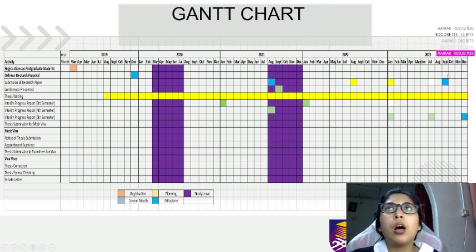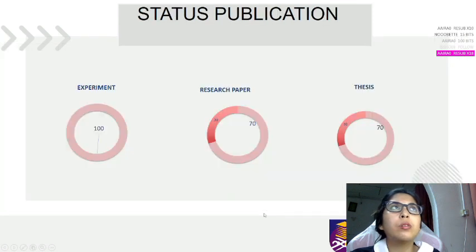So for the Gantt chart, this is the progress report. The thesis writing is almost done. There is a problem due to the submission of the research paper, but inshallah it will be done around September. For the interim progress, this is the progress report that I have done, and the assignment is 100%.